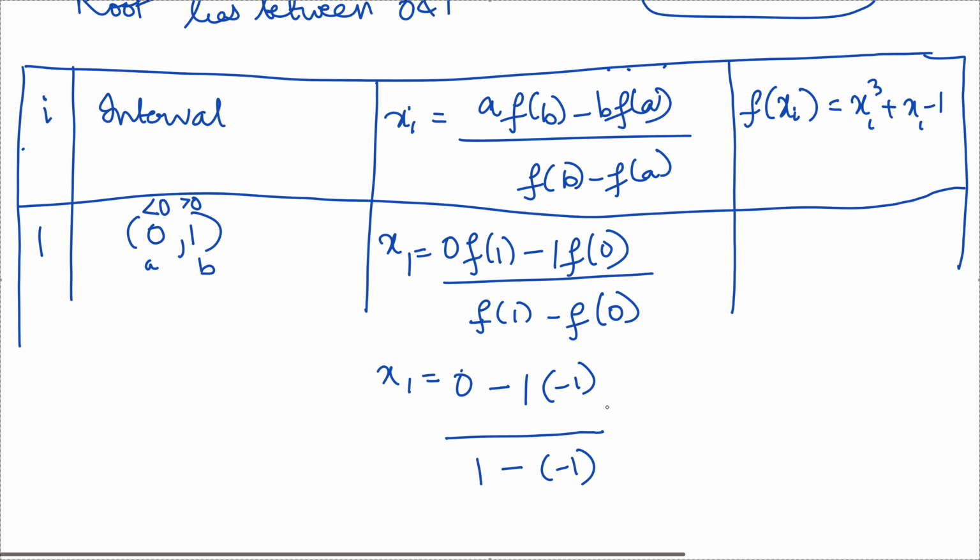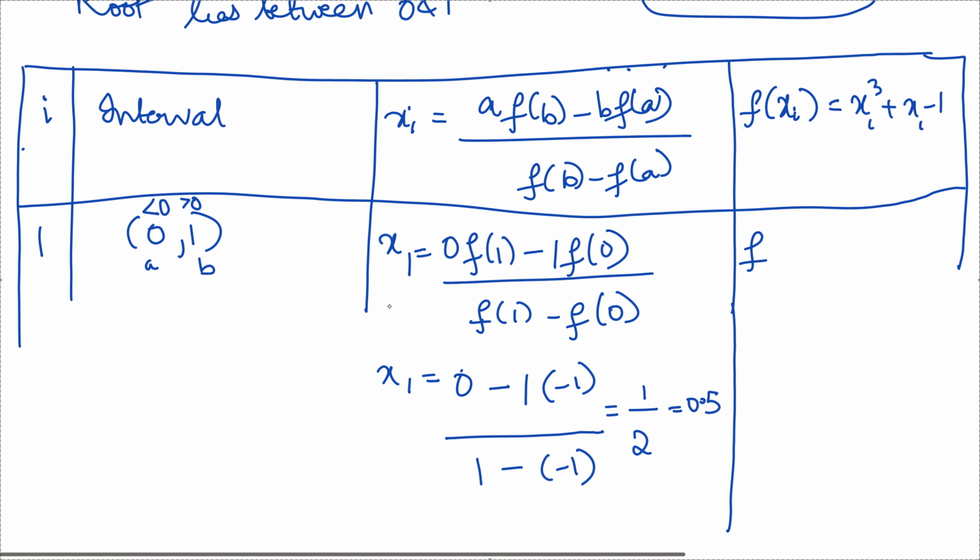I have substituted. So what are we going to get? This is 1 divided by 1 minus of minus 1, which is 1 plus 1, which is 2. This is 0.5. So x1 is 0.5.